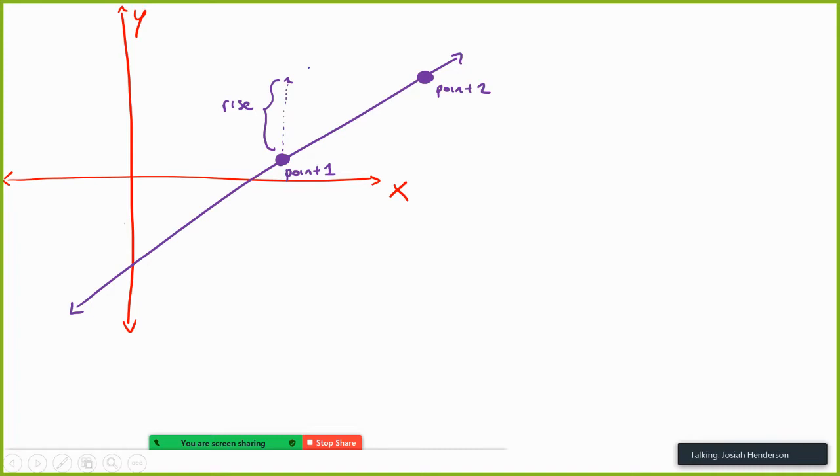And then likewise, to find the run, I'm looking at the horizontal lateral difference. Remember, if this was a football that started at point 1 and went to point 2, then I'm wondering how far right did this thing travel right there. So that distance is my run.